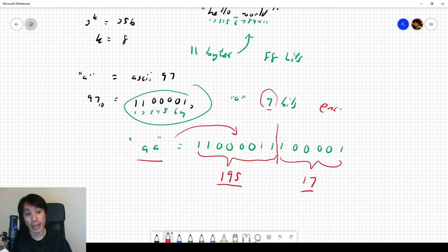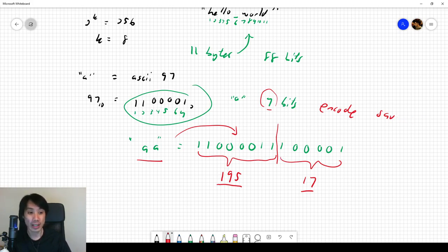Okay, so when I encode, I can save bits. The problem is when I decode, I have no idea how I am supposed to slice it, right? Is it only 2 characters? If it's 2 characters, is it 97, or is it 195 and 17, right?